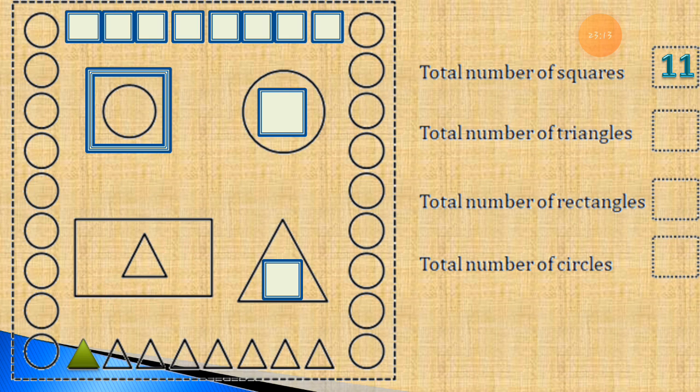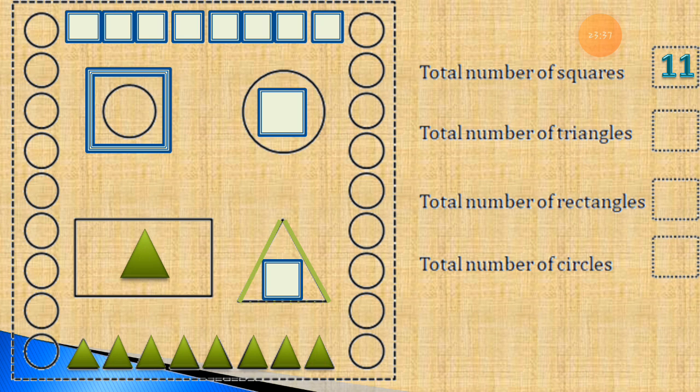This is the first triangle. This is the second triangle. This is the third triangle. This one is the fourth triangle, fifth triangle, sixth triangle, seventh triangle, eighth triangle, ninth triangle.